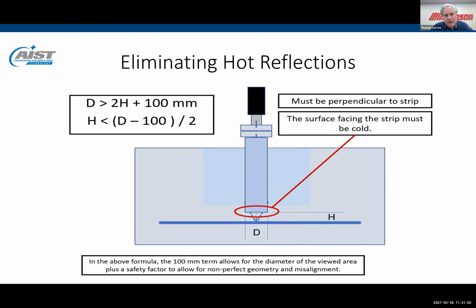The pyrometer views an area that's the distance divided by 2 in diameter, but then you have to add in the diameter of the field of view, and you have to add in some factor of safety. So basically, we typically recommend that these tubes be 2 times the distance plus about 100 millimeters or 4 inches to provide that factor of safety for the diameter of the viewing area and for misalignment.